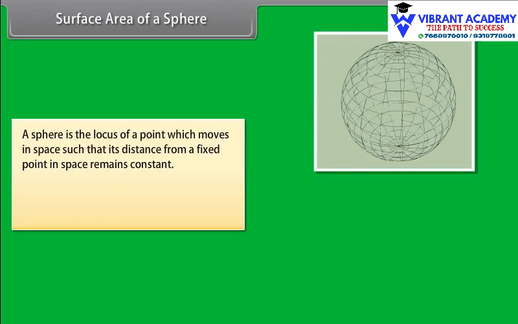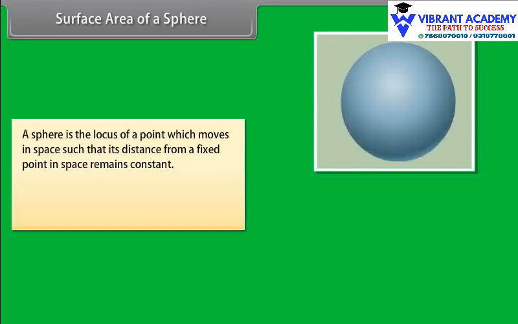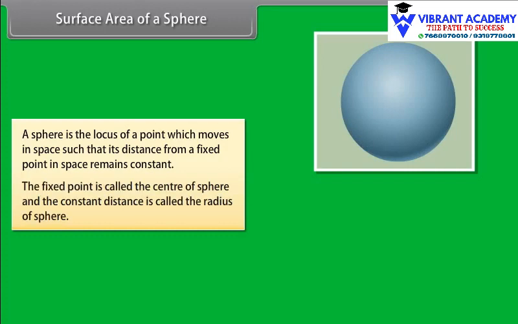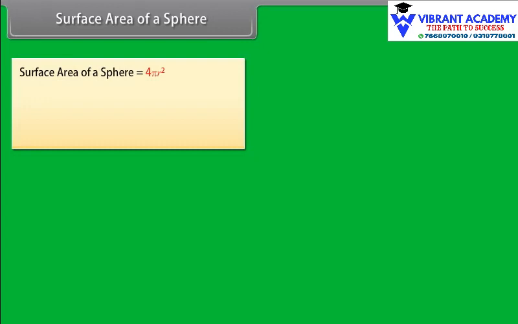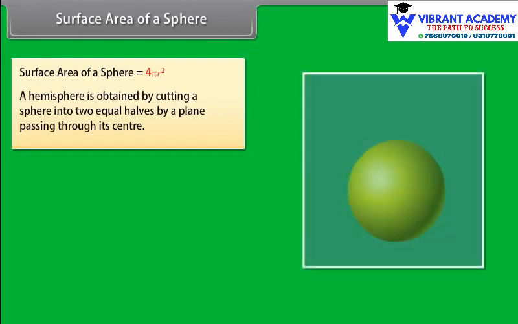Example: solve the surface area of a right circular cone for the given radius of 10 meters and slant height of 15 meters. Solution: radius and slant height, which are 10 and 15 meters respectively, have been given. We have to find the surface area. We know that the surface area of a right circular cone is equal to πr(L + r).